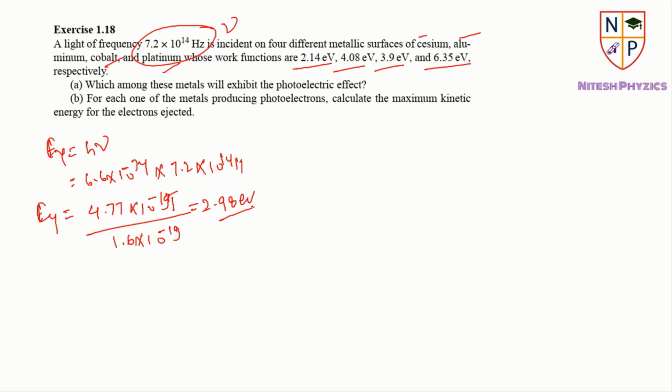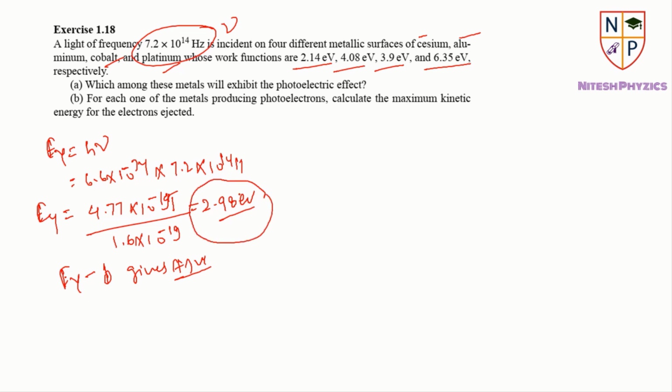2.98 eV, right? So for the photoelectric effect to occur, the energy of the incident light must exceed the work function of the metal. The photoelectric effect will only occur when the difference between the energy of the incoming photon and the work function of the metal is positive. That means the value of E gamma minus phi gives a positive value. So start by subtracting the work function of cesium. We can see the energy is 2.98 electron volt.